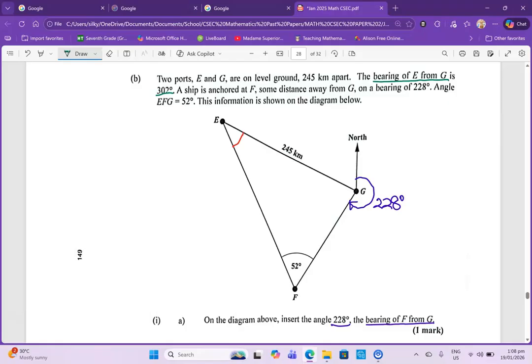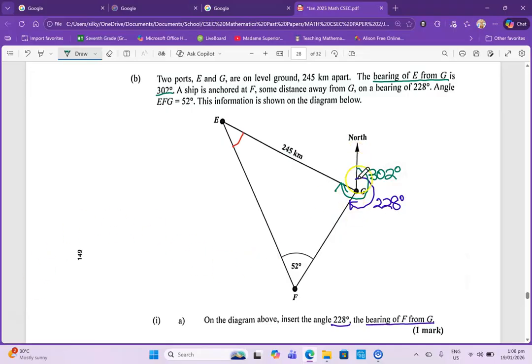So let's insert that on the diagram. Again, the bearing is measured from G, so clockwise from north, going this way up to the line that joins G to E, because it's the bearing of E from G.